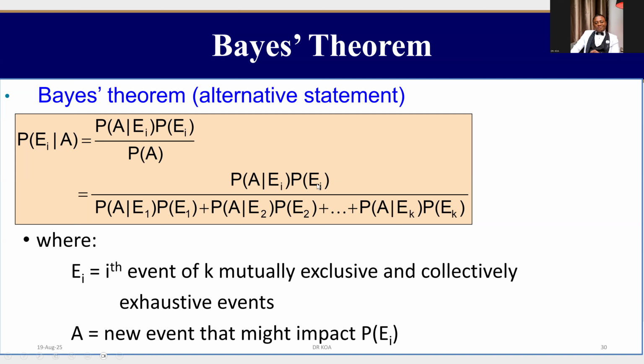Now, if EI is multiple events, then the bottom side of this equation is going to be the probability of A given event 1 multiplied by the probability of event 1, plus the probability of A given event 2 multiplied by the probability of event 2, plus the probability of A given event 3 multiplied by the probability of event 3, all the way up to whichever number of events you may have.